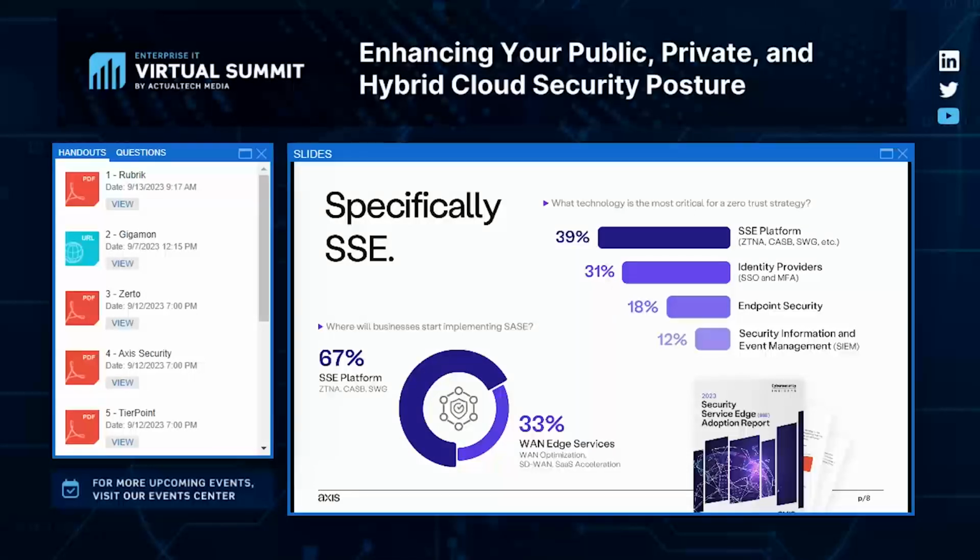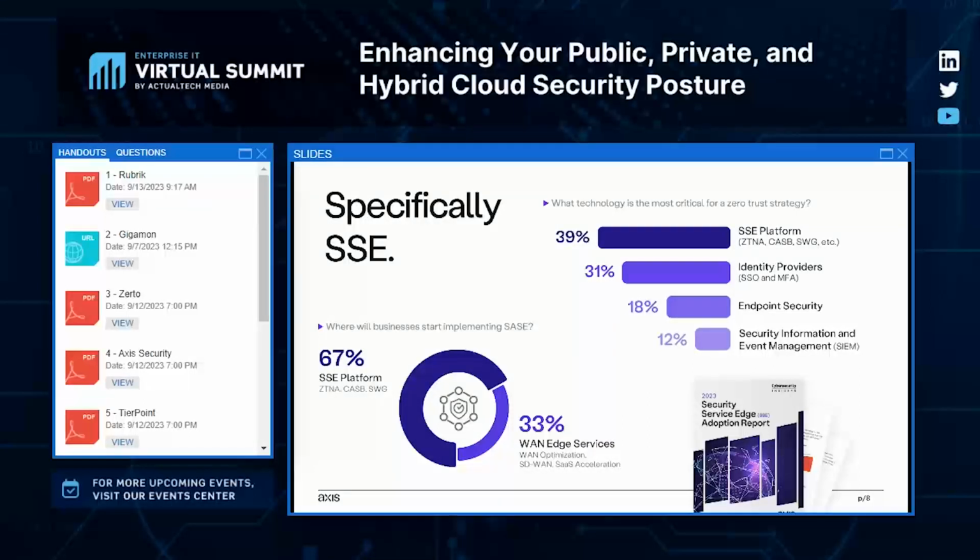a few key takeaways. First, the report shows that both elements of SASE, that being WAN Edge and SSE, are on the rise, which backs up the need for change that we have discussed earlier in this presentation. Secondly, I think it's interesting to note that SSE is seen as a strategic initiative to secure the workforce, with 39% of the respondents viewing it as the most important part of their zero trust strategy.